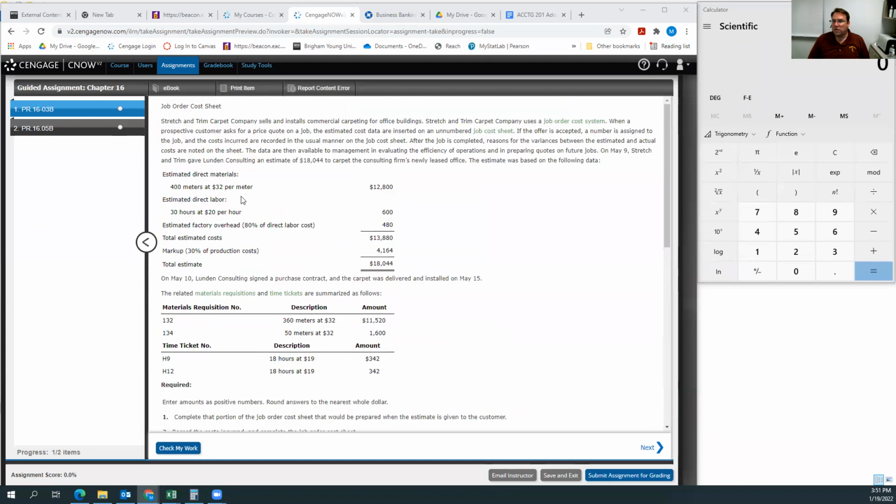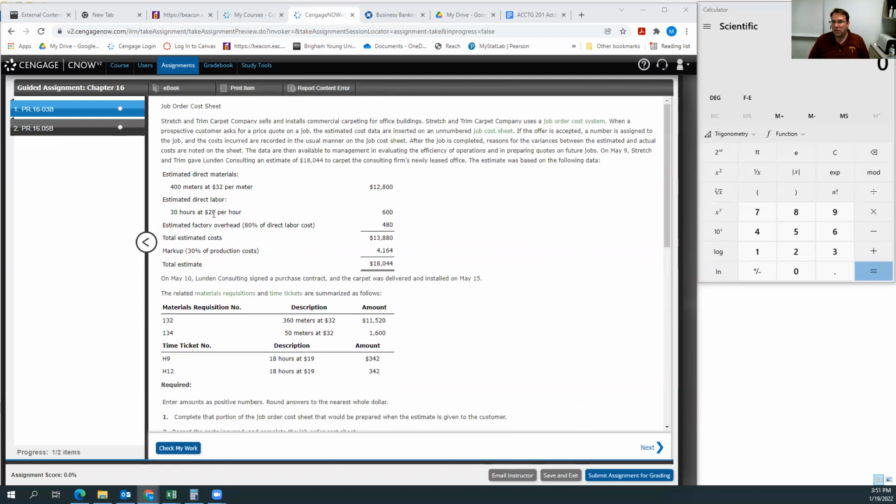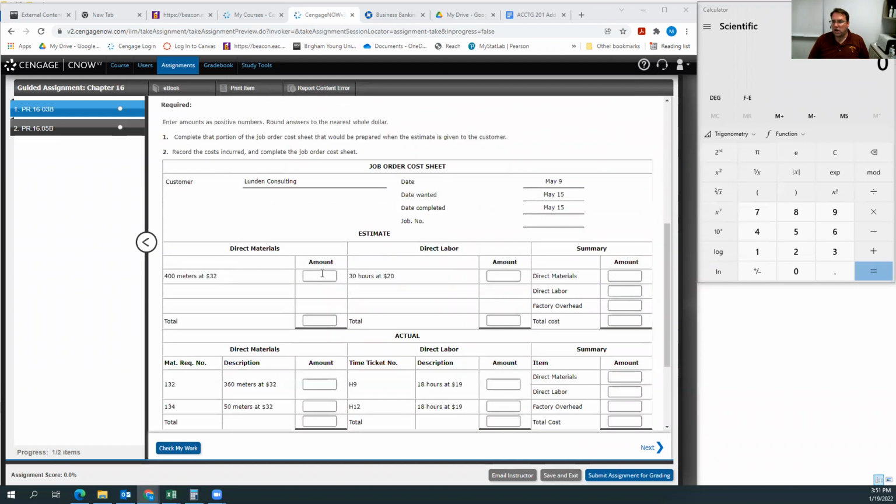So here's all our estimate information. It says our direct materials, 400 meters at $32. We could multiply that out, or up here it actually gives it to us. 400 meters at $32 per meter is $12,800. So that's the total for direct materials. Then the direct labor, 30 hours at $20 an hour, so that's 600. And then we just summarize over here, direct materials, 12,800, direct labor, 600.